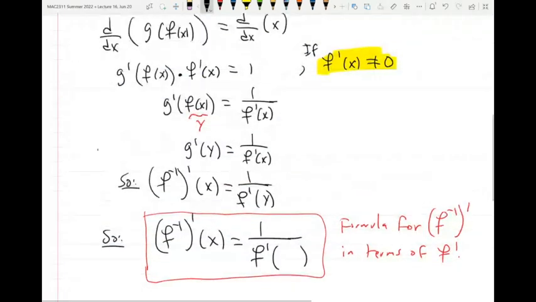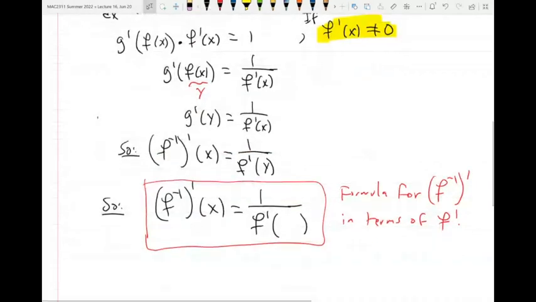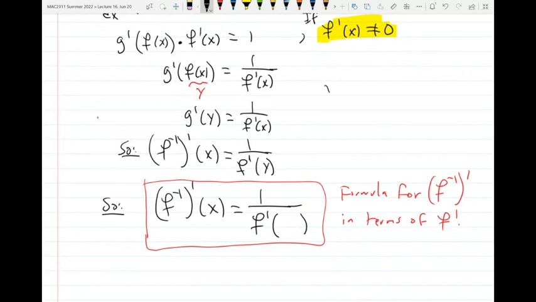So, what is y? We know that y equals f of x. We want to make sure that we don't do anything freely, because I don't want to switch things around. So this x here is the x of f, and this y is the y of f. y equals f of x.